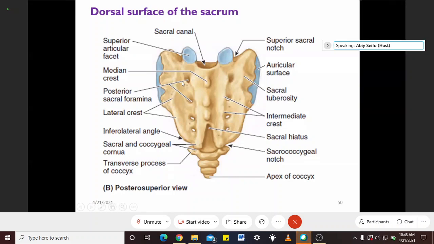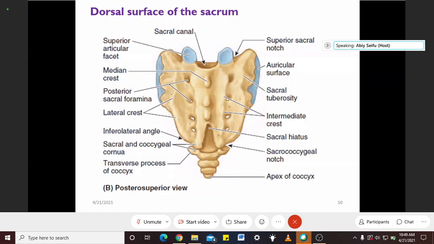The bones are fused, so there is a structure that is a remnant of those fused ones, which forms a crest, a median crest, a longitudinal crest. In a typical vertebra, there is a body and vertebral arch, so from the posterior view there are seven processes.